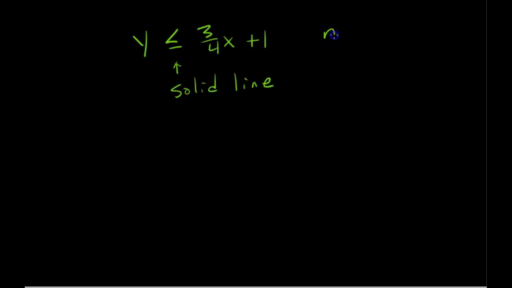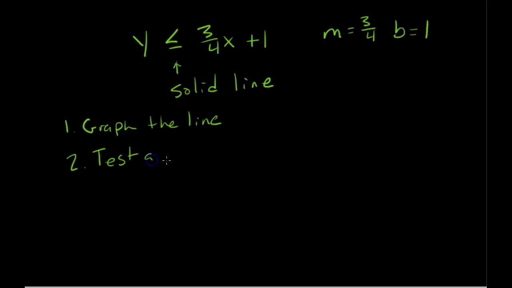We also notice that the slope is 3/4 and the y-intercept is equal to 1. The way we handle this is we first graph the line, and then second, we test a point. We'll look at that in just a minute. So let's first graph the line.